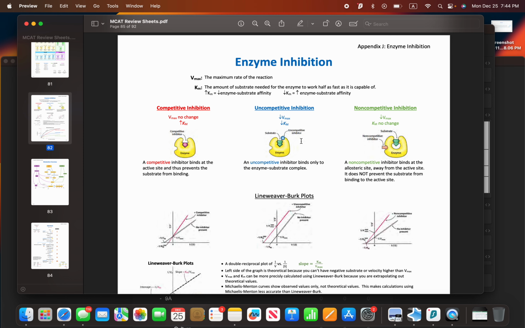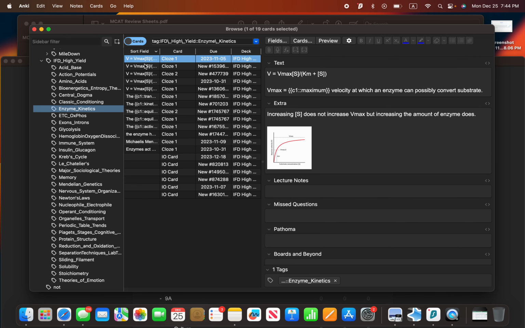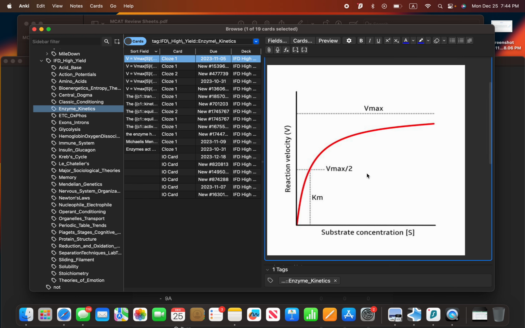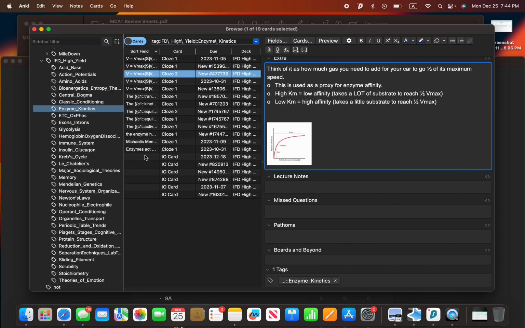And let's see if we have actually talked about this or not. So increasing the substrate concentration does not increase Vmax, but increasing the amount of enzymes does. Perfect. So we have this covered.